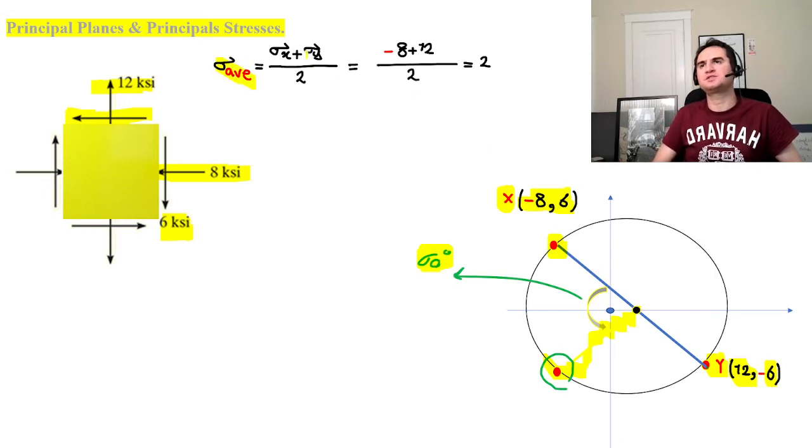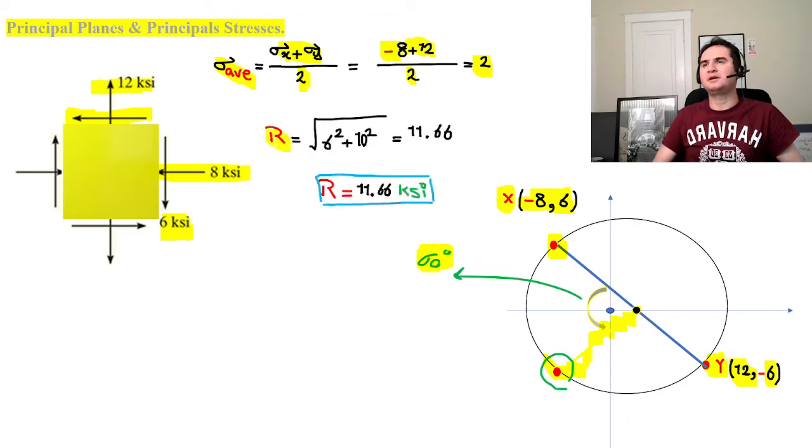So sigma average is simply sigma x plus sigma y over 2. That's negative 8 plus 12 over 2, which is 2 ksi. And r, the radius, is the square root of 6 squared plus 10 squared, and that simply comes from here. R is the hypotenuse of the triangle with tau and CF, so r squared is tau squared plus CF squared.